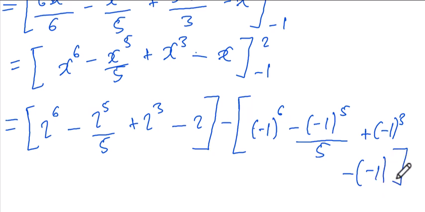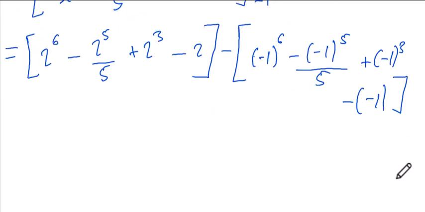So basically we will now work out what we have so far. This is going to be equal to 2 to the power 6 is 64. Make sure you use your calculator to confirm these answers.